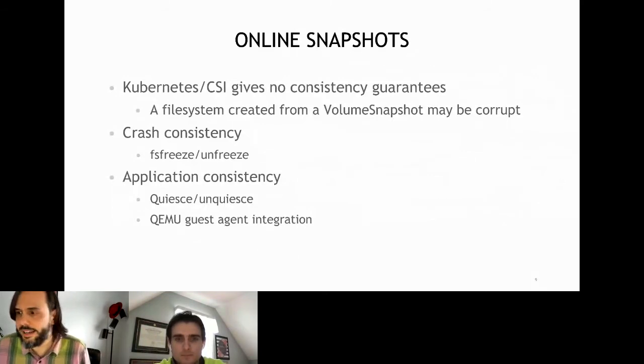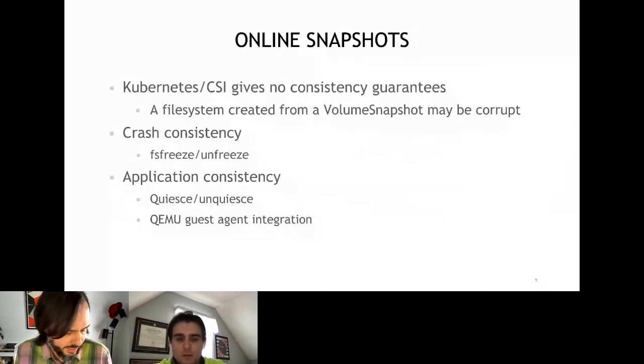That's why with offline snapshots, we know that nothing is being used. We wait until any pods that are referencing a PVC are gone, and then we snapshot when we know that they're not in use. So we really need to solve this consistency problem when we get to online snapshots.